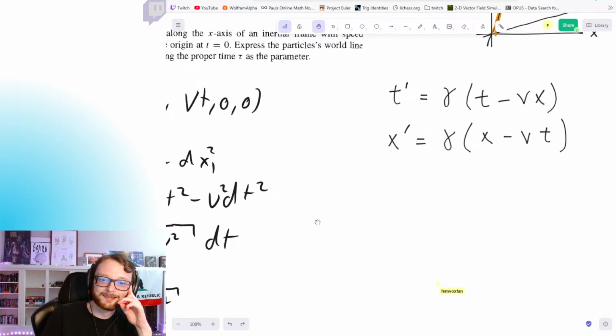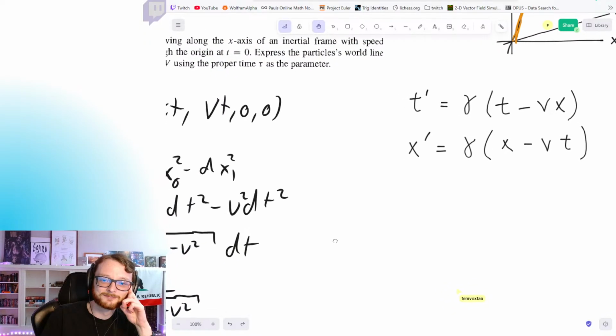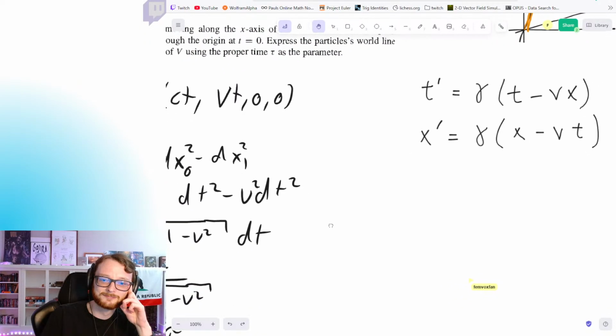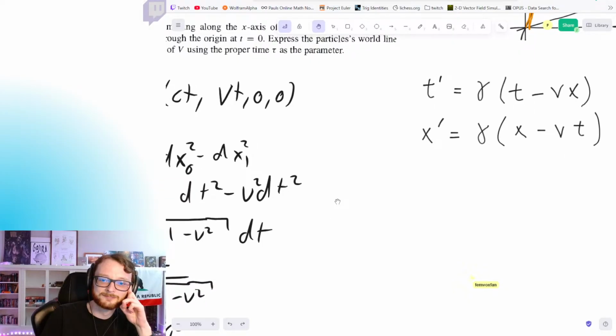They had an example in the book that was like this. And they were talking about, where was it? I read it this morning. I don't know where it went. Maybe it was 5.2.